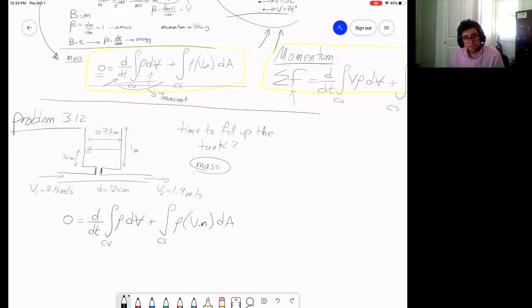Okay? And this problem is what? It's a steady flow, right? Yes, I mean, exactly, steady state.